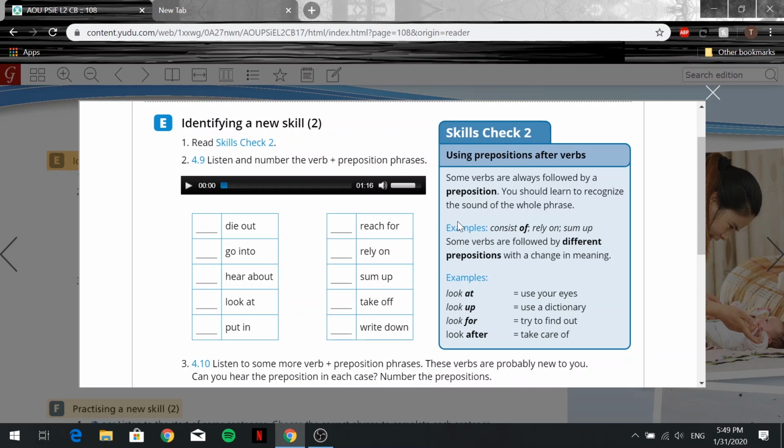So you should learn to recognize the sound of the whole phrase, and it'll stick to your brain once you start speaking English consistently. So some examples include consist of, rely on, sum up. You can see off, on, up, okay? So some verbs are followed by different prepositions that change the meaning of the word.